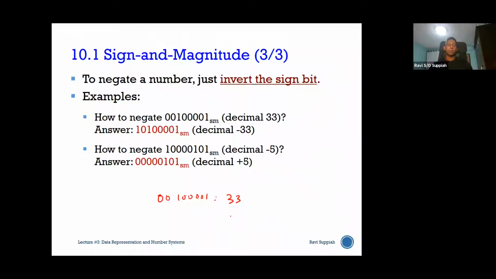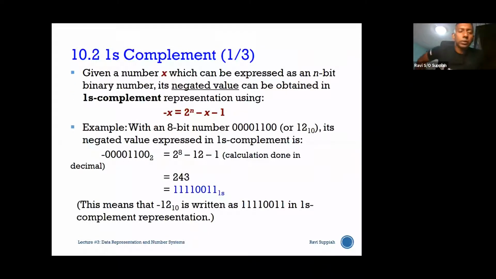If I want negative 33, all I need to do is invert the sign bit, because this is my sign bit, correct? So the 0 here becomes a 1 and everything else remains the same. So that is your sign and magnitude.